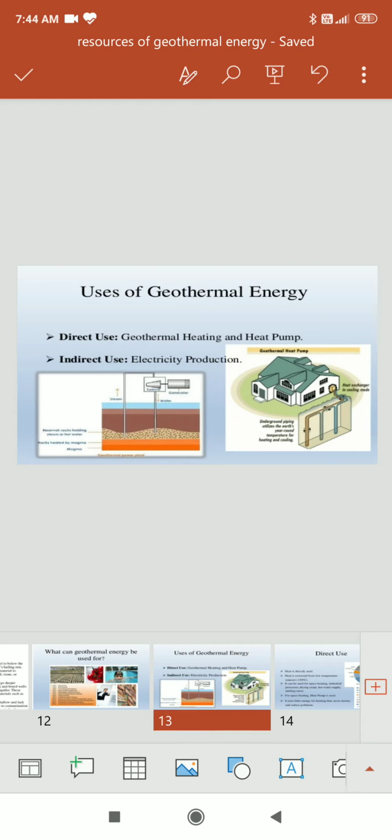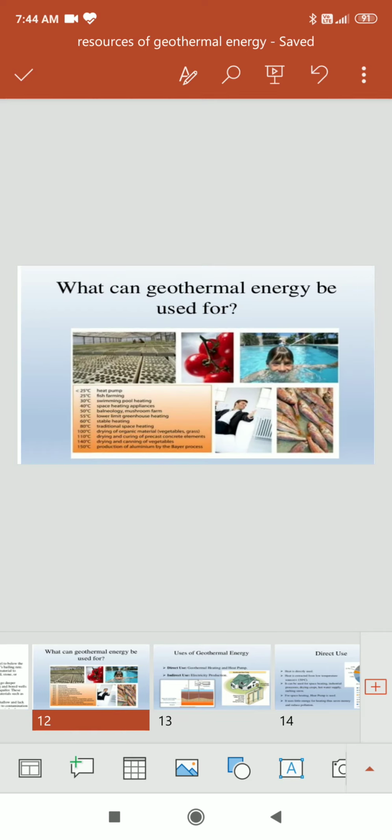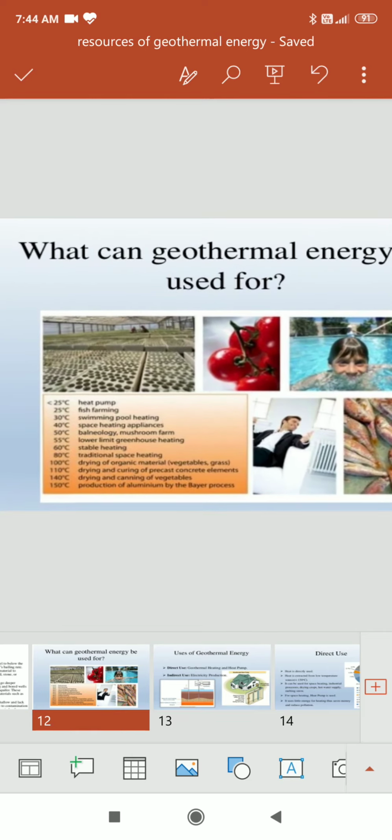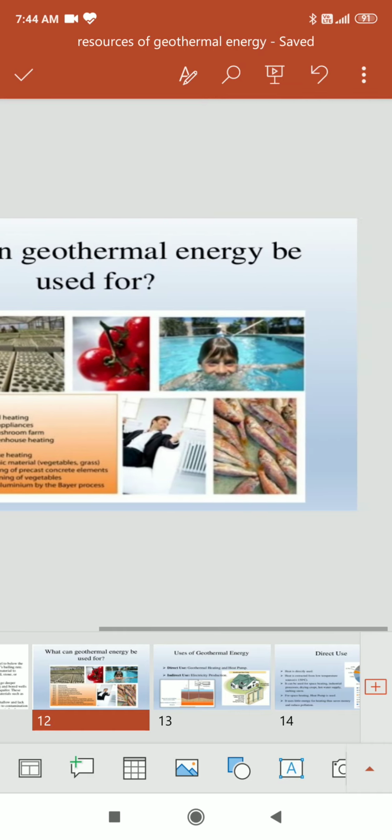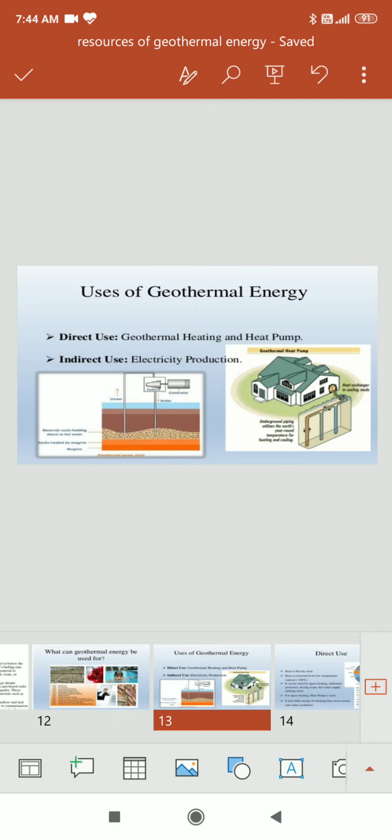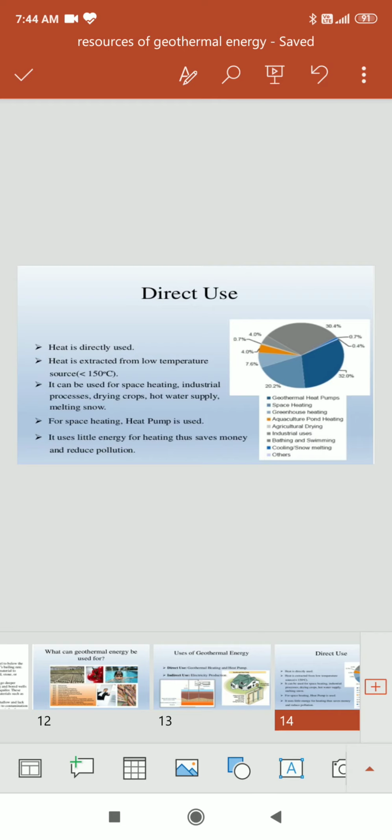Direct use of geothermal energy is nothing but geothermal heating, space heating and cooling, heat pump, swimming pool heating, stable heating, drying of vegetables, etc. Indirect use is nothing but electricity production, which is an indirect use of geothermal energy.